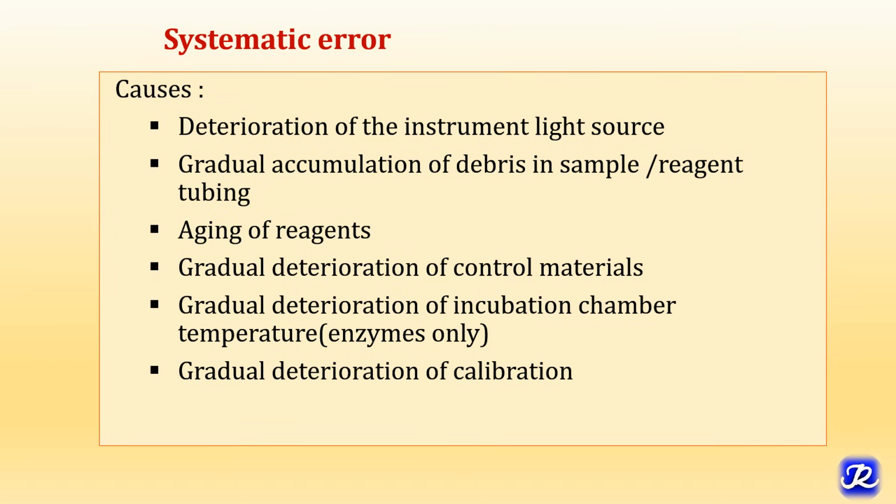They are due to deterioration of the instrument light source, gradual accumulation of debris in sample or reagent tubing, deterioration or aging of reagents, gradual deterioration of control materials, gradual deterioration of incubation chamber temperature in case of enzyme estimation, or gradual deterioration of calibration. There are various other reasons, but these are the most important ones which result in systematic errors.